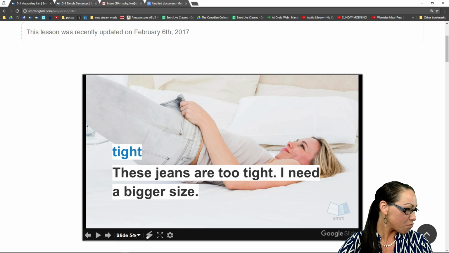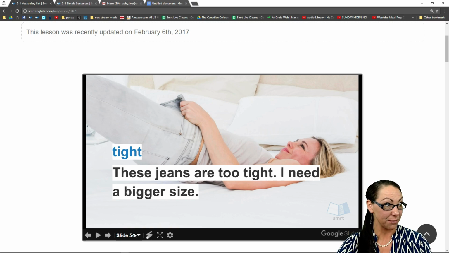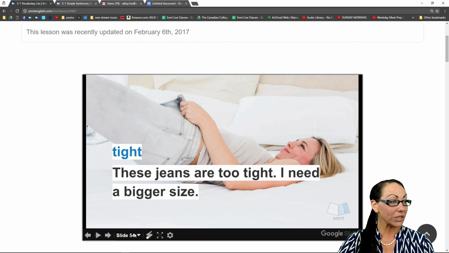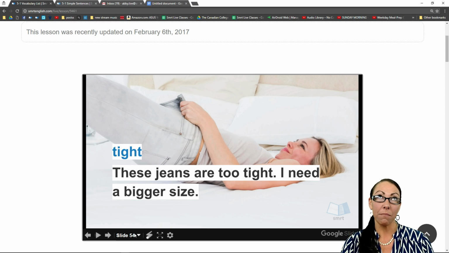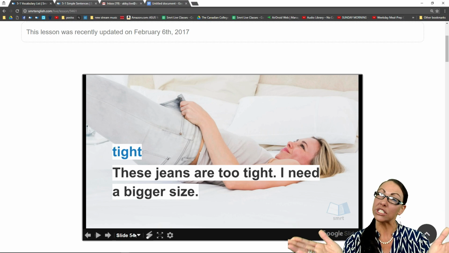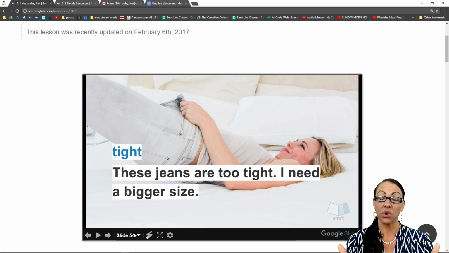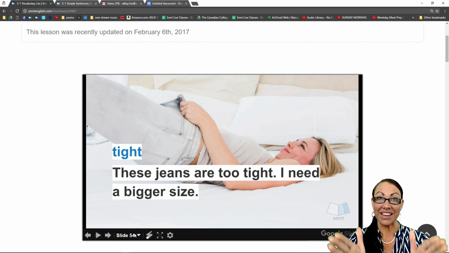All right. May we say slim instead of tight? So a synonym for slim, if we were speaking about a person, would be skinny. If we were saying someone is slim or slight built or skinny, it just means that they are tiny.